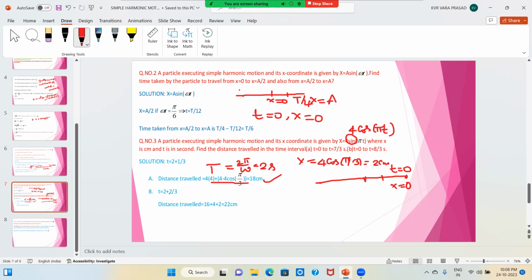Now in the remaining 2/3 second, we have to focus on how much distance is covered. I am writing here x equals 4 cos, in the extra 2/3 second, so it becomes 4 cos 2 pi by 3.